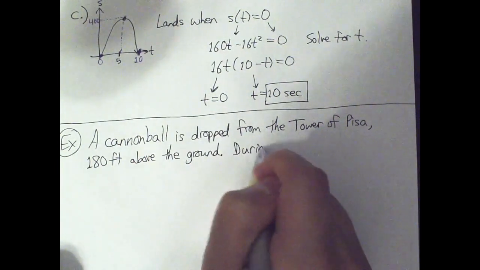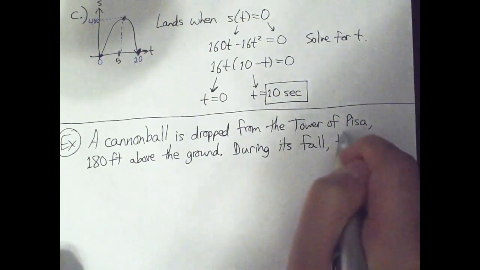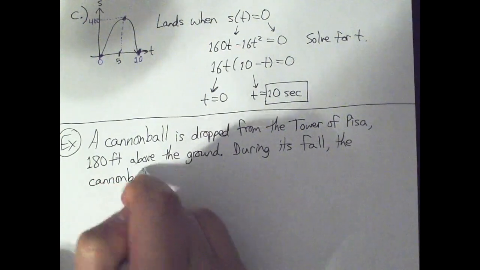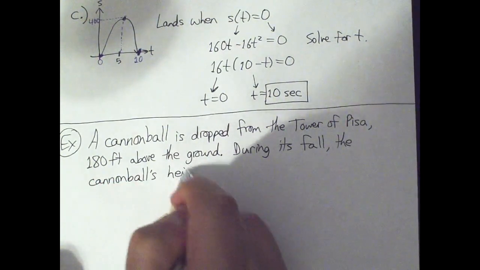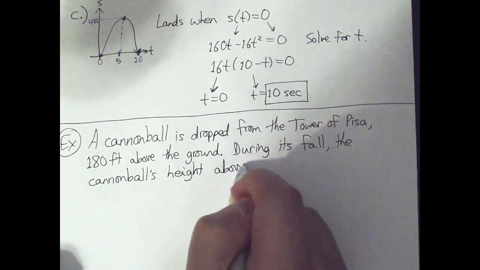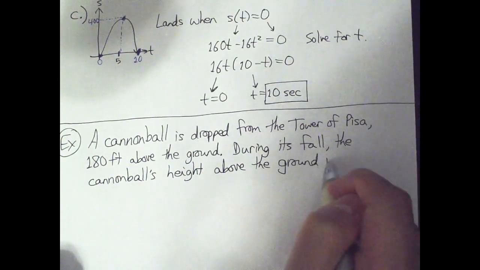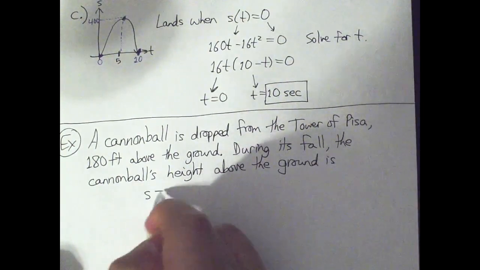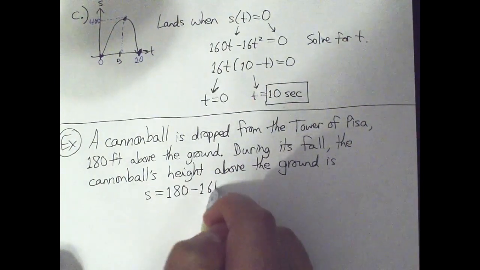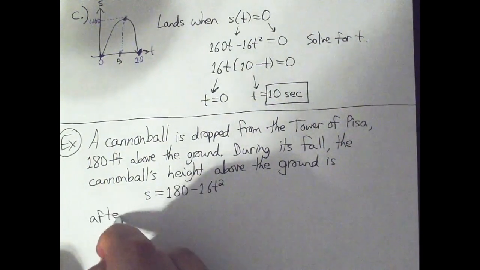During its fall, the cannonball's height above the ground is S equals 180 minus 16t squared after t seconds.